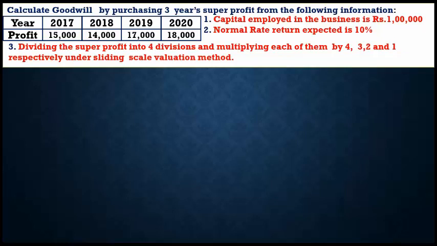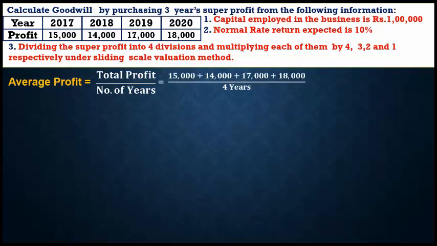Now we start to solve the problem. First one, average profit is equal to, what is the formula? Total profit divided by number of years. Now calculate this one.